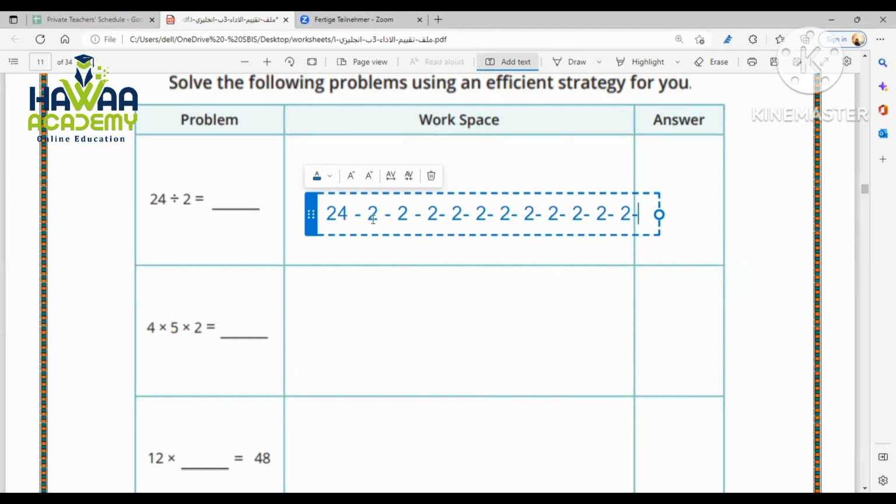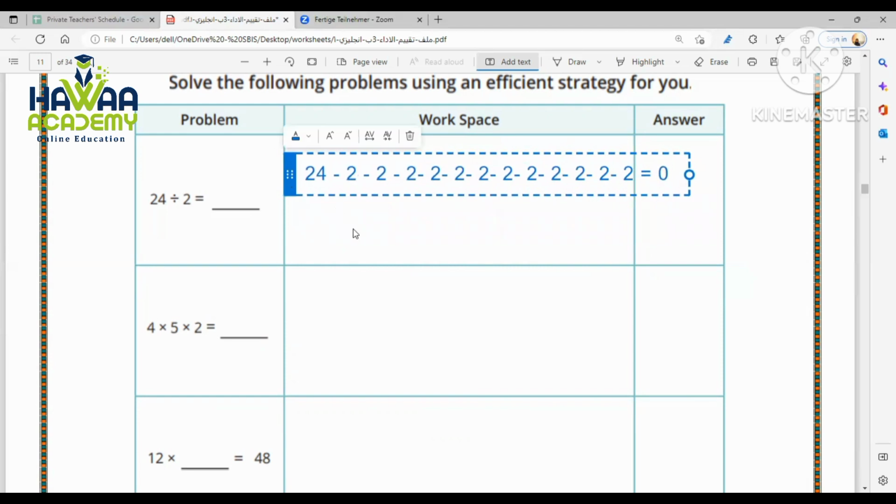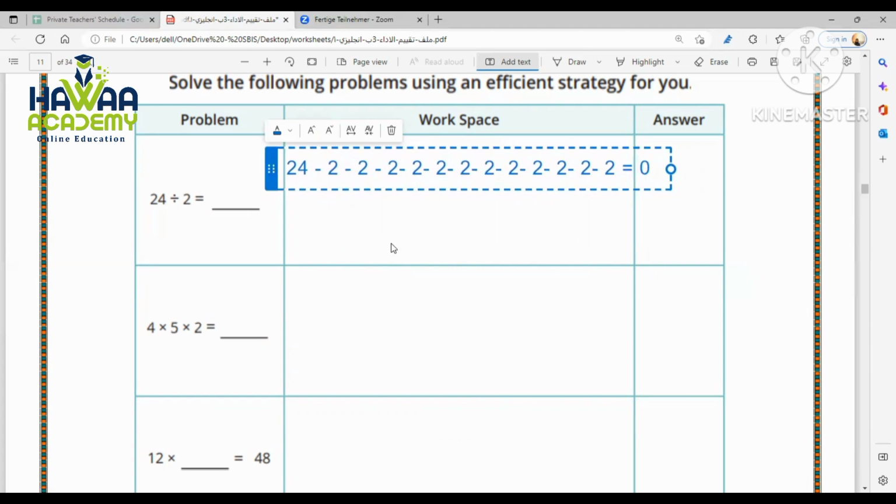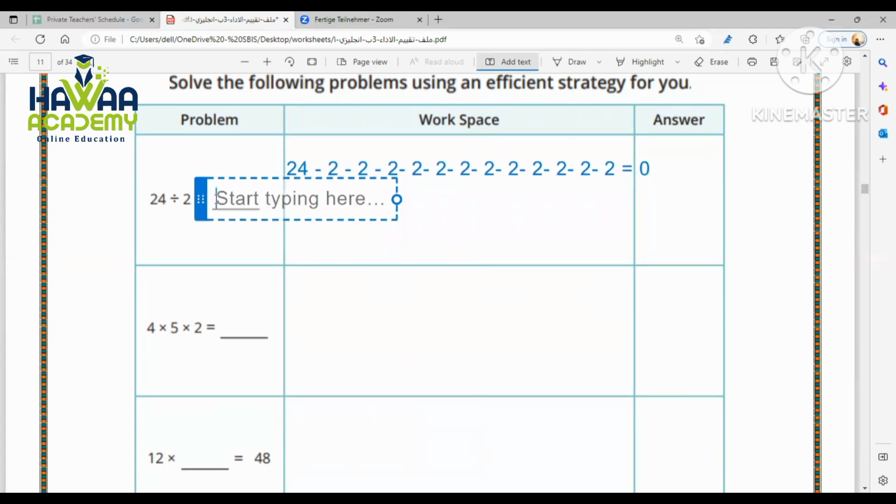So let's count how many 2's that we have. Here's 1, 2, 3, 4, 5, 6, 7, 8, 9, 10, 11, 12. So I have how many 2's that I took away out of 24, or 24 has how many 2's? It has 12. Very good. There's so many ways, you can just draw 2 groups and separate the 24 on them. All of them will be the same.